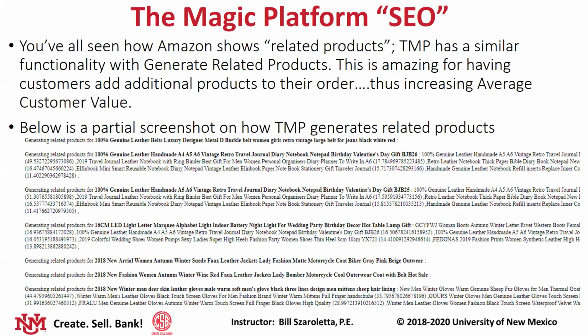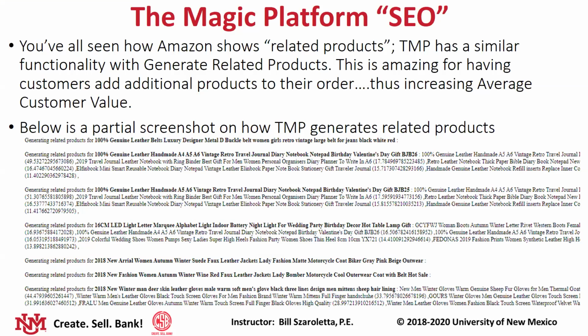And I'm just going to go back to one of them. You've seen how Amazon shows people related products, people that purchased this also purchased this. And the Magic Platform has a similar functionality with the generate related products.